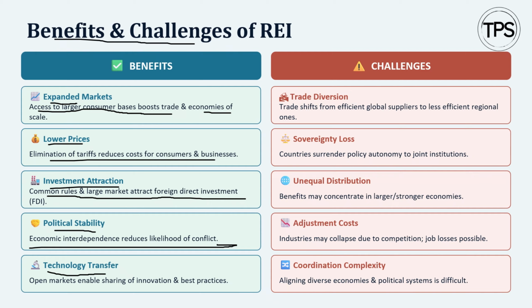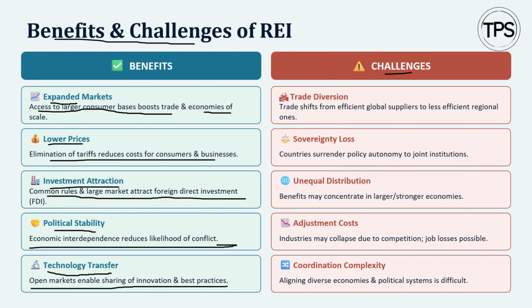Then technology transfer. Open market enables sharing of innovations and best practices. Because of no tariffs or reduced tariffs, and the market being open for all the members, the technology and innovations from one country to another get merged and can give better technology in every sector and every field of industry.